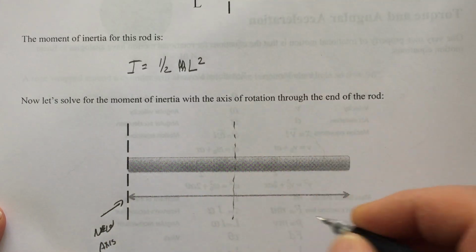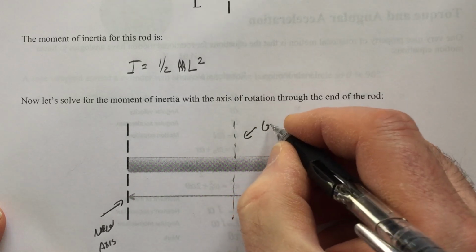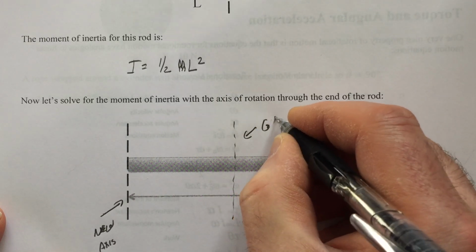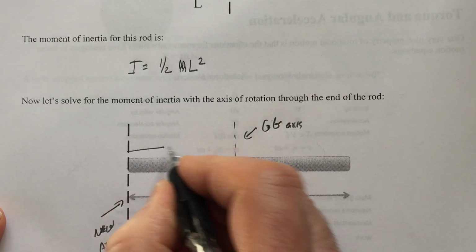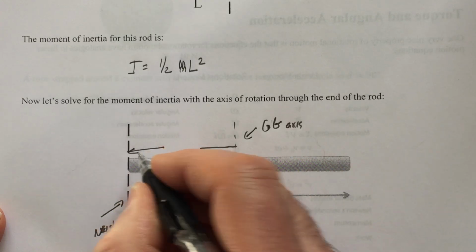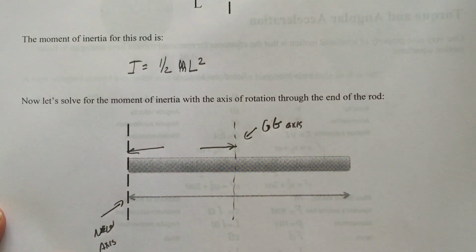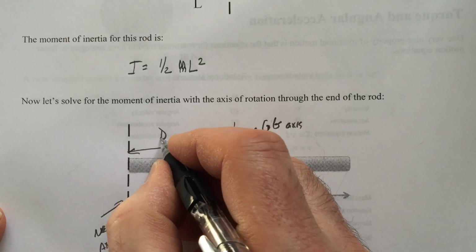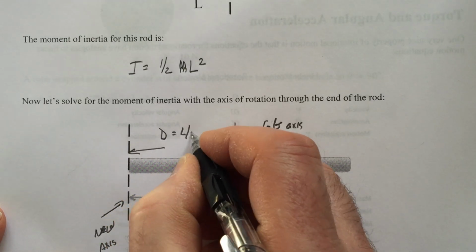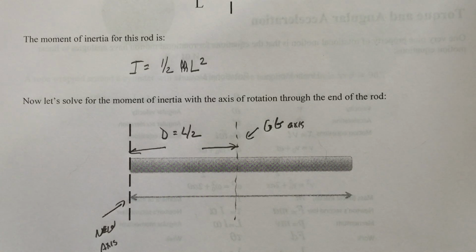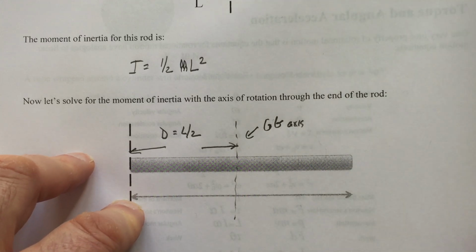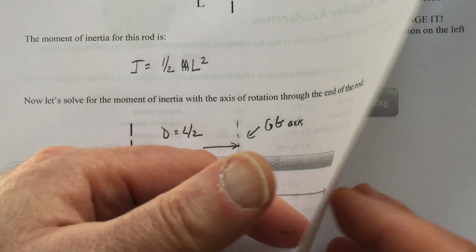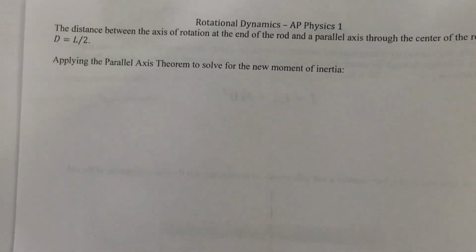Our axis to the center of gravity, CG axis, which means if the whole rod has a length L, that means D is going to be equal to L over 2. Okay, that's easy enough. Now let's take a look at it. Flip the page over, and we'll show you how you put this all to good work.